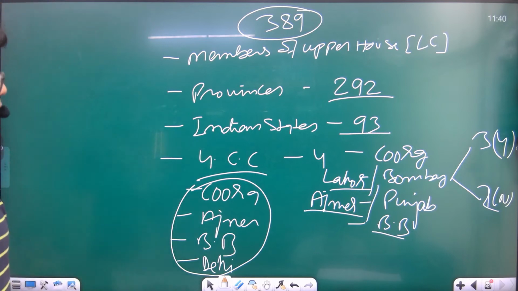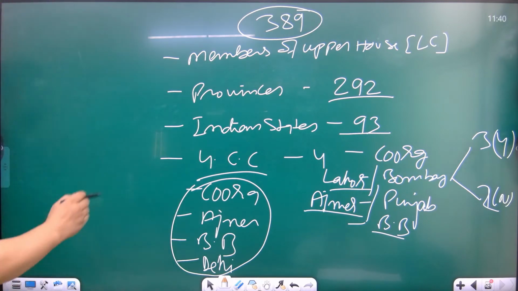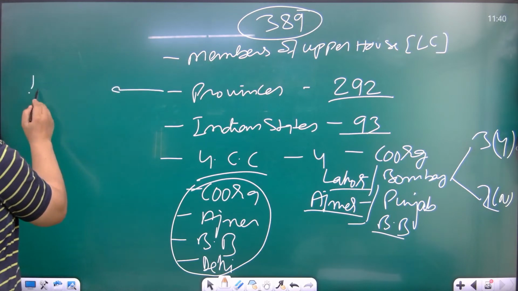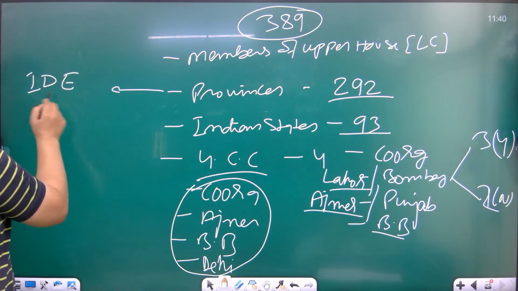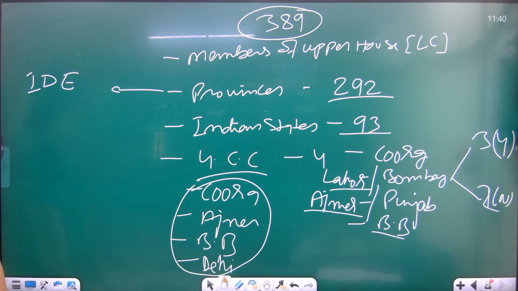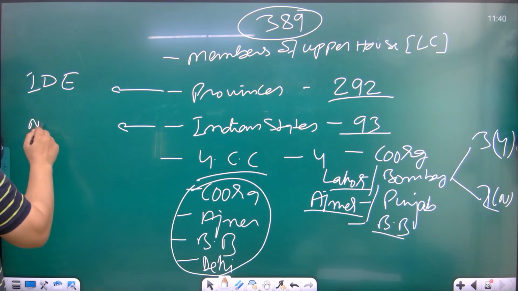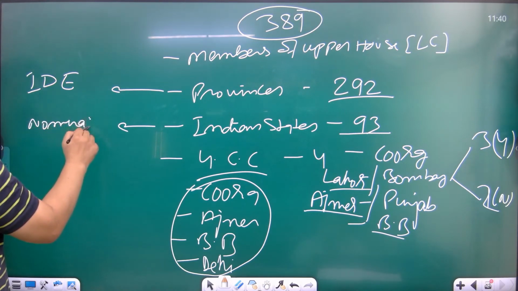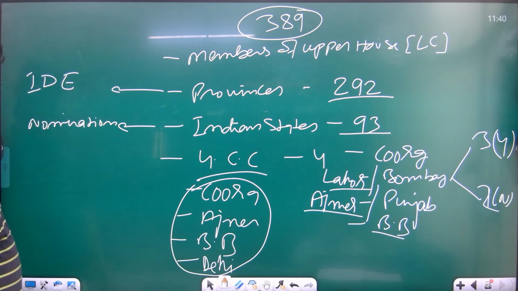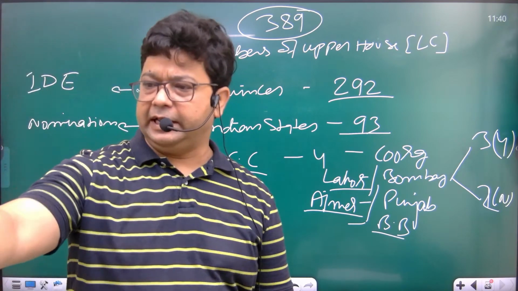Okay, so provinces have indirect elections, ADE means indirect elections, right? And what about the Indian states? Okay, through nominations. So what do you mean by indirect elections?